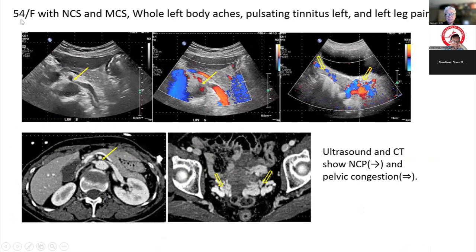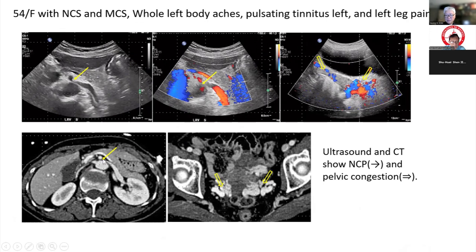This is a 54-year-old woman with Nutcracker syndrome and midline congestion syndrome. She had whole left body aches and also had pulsating tinnitus in the left ear and left leg pain. She had the nutcracker, a compression between the aorta and the superior mesenteric artery, with sluggish flow here, and had left pelvic congestion.